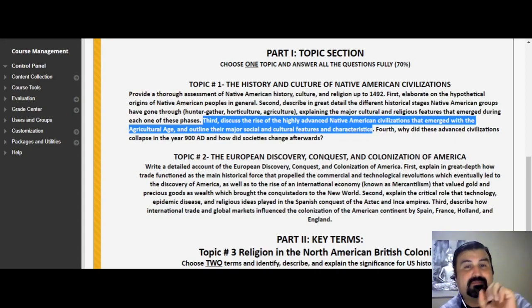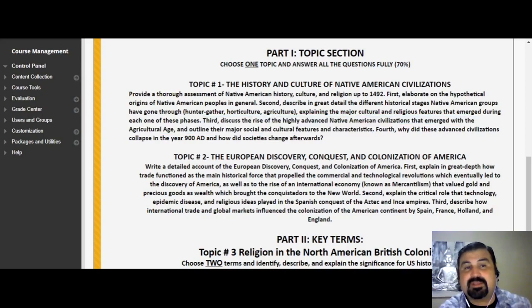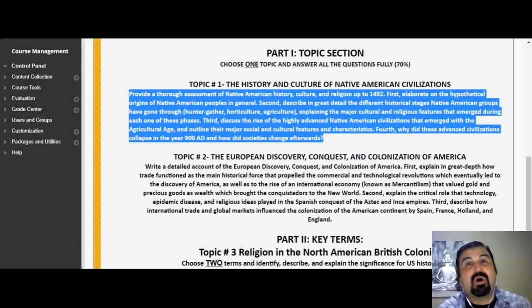Part 1, you've chosen topic number 1 and answer 4 questions very thoroughly. And just for part 1, you need 5 full pages, double space. This is just, again, an example. If you choose topic number 1, the answers must comprise 5 full pages, double space.